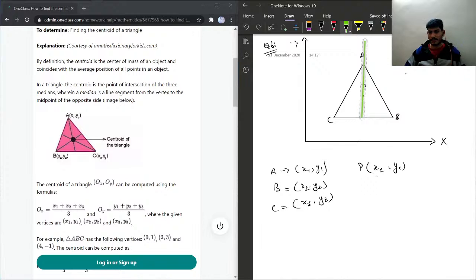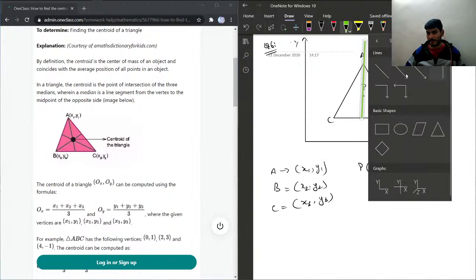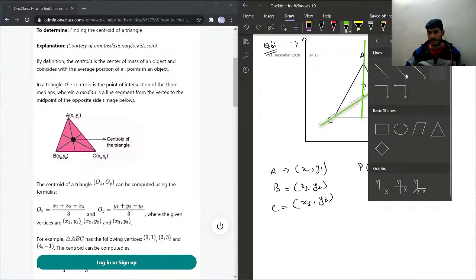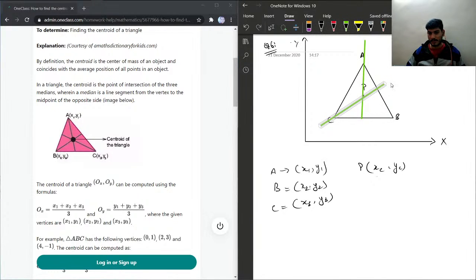Let's say this is one, let's say this as the other one, and let's say this one, these are coming exactly because there is some error from all these three sides.